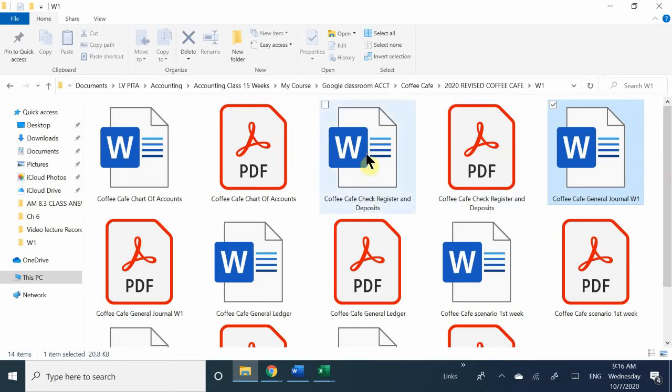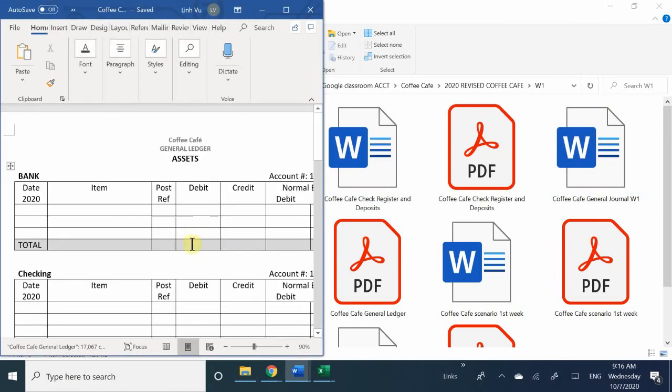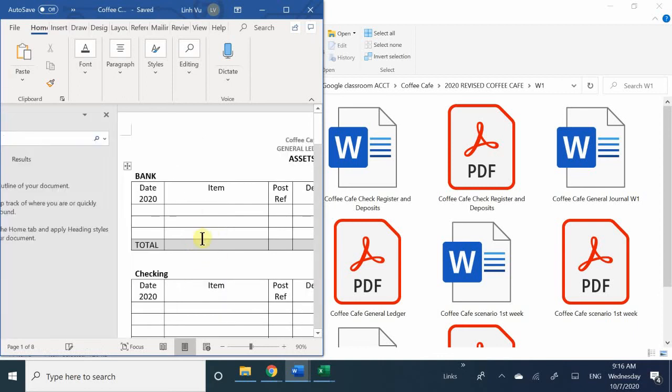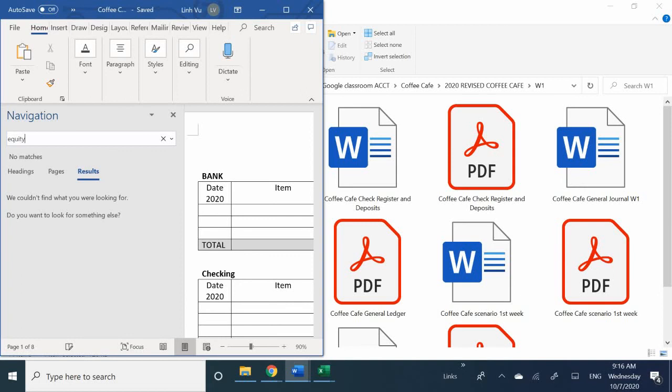So journal of general ledger. So I'm going to go ahead and look it up. So this one, I actually had pages on here for the purpose of that as well. So we were looking for equity.